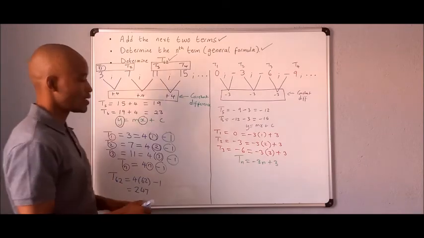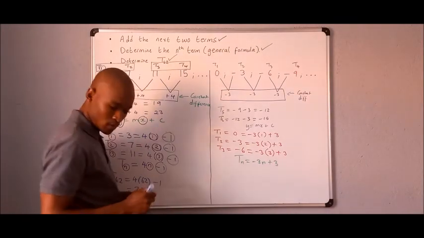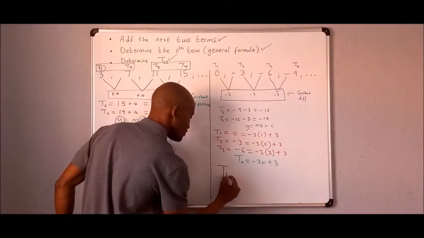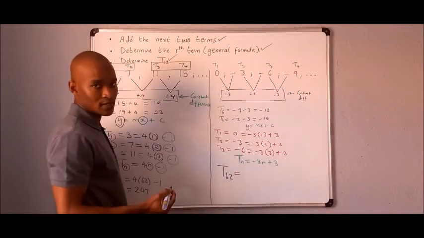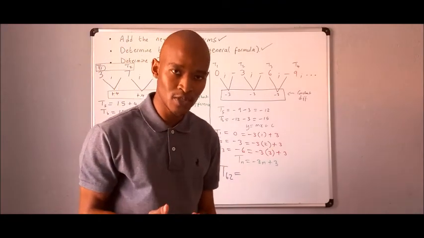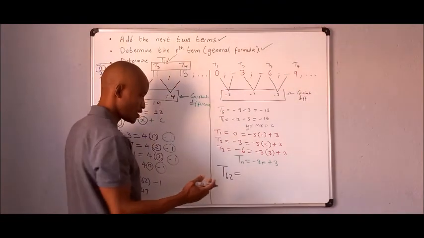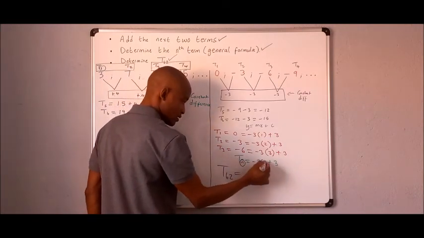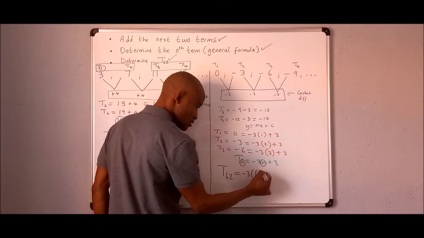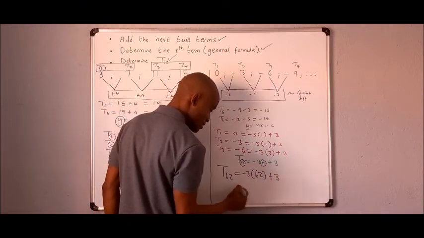The last one, get term 62. How can we use the general formula to get the value of term 62? Substitution, which must happen from left to right. This n and that n become 62 now. There's negative 3 times 62 plus 3.